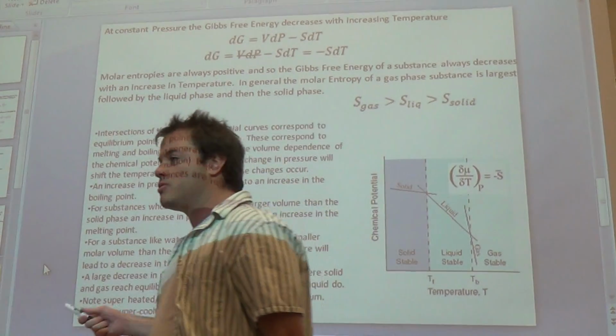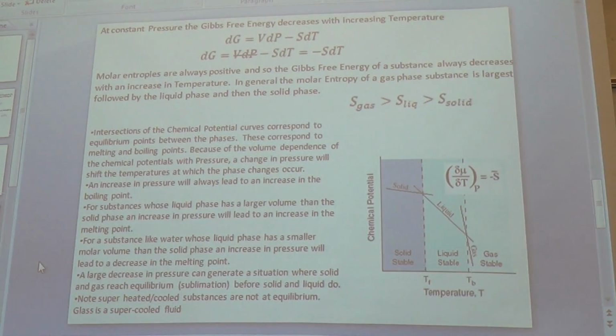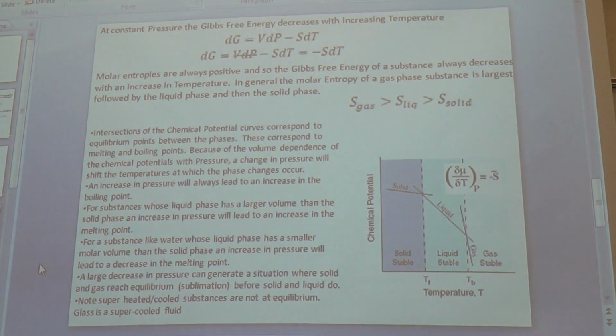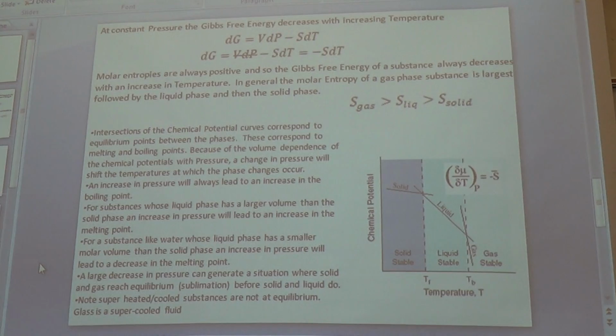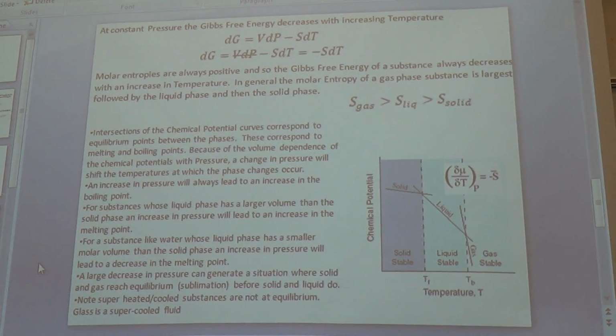Just in review, we're going to spend today talking about those phase diagrams that we looked at. When was the last time we talked about this stuff? It must have been last Thursday. So we had a diagram that we derived, or we looked at.